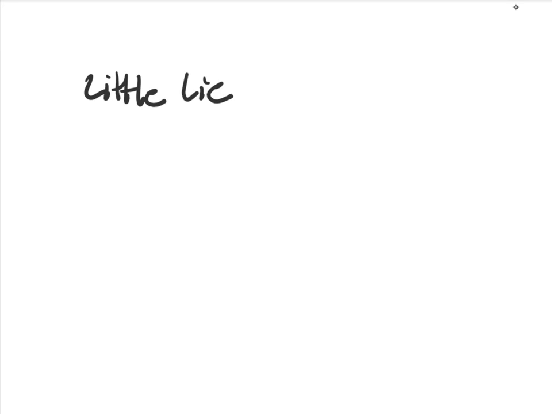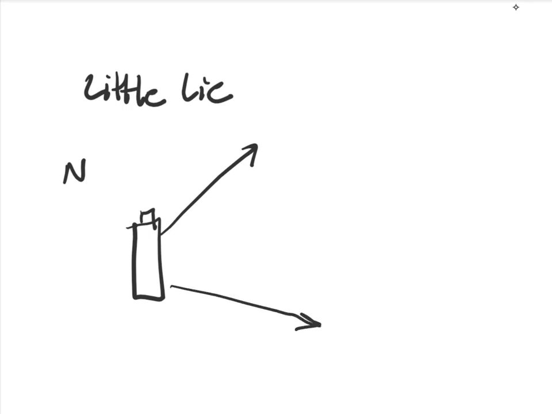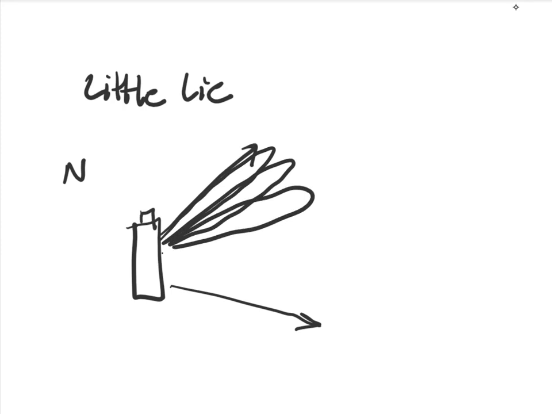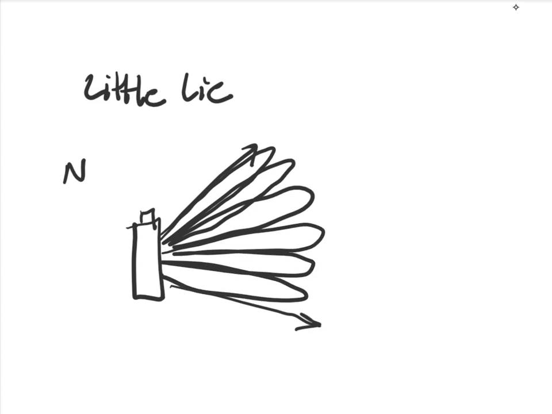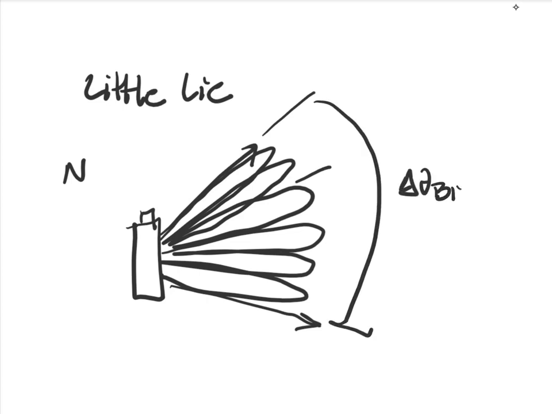Okay, maybe some of you spotted the little lie in this video. Now, the picture I wanted you to have of n, or the number of scannable points, was that you had an acousto-optic modulator. It had some maximum scanning angle and some minimum scanning angle, and then there was some number of beams that could fit in there, and we would have this big maximum scanning angle, which is delta theta big, which is the scan.